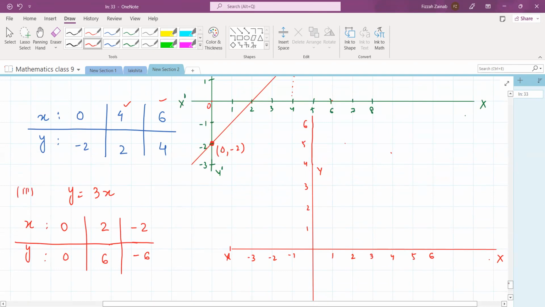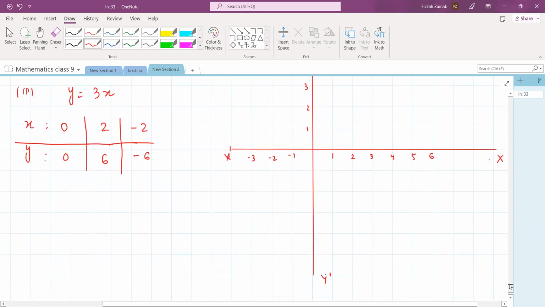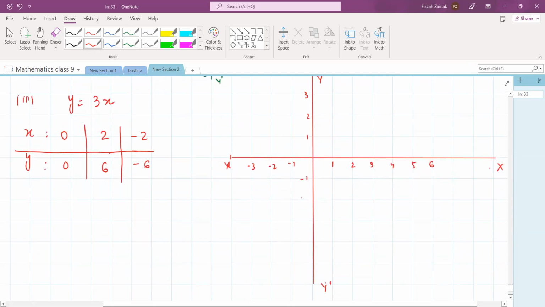Anyway, let's keep it like this. -1, -2, -3, -4, -5, and -6 I need here. So let us plot x 0, y 0. That means this is the point. Clear? This is your x 0 and y 0.